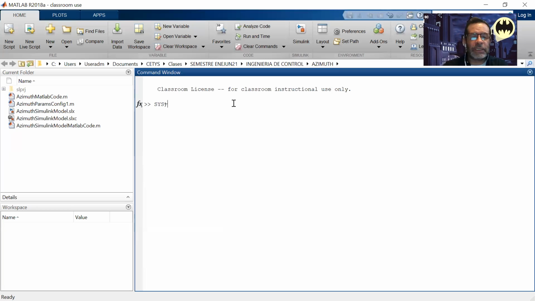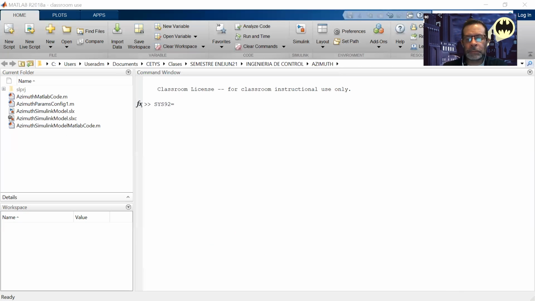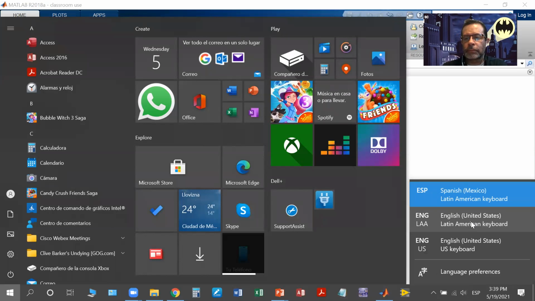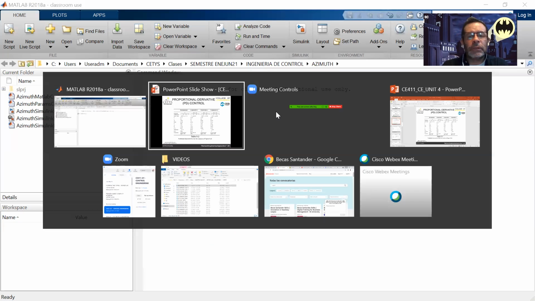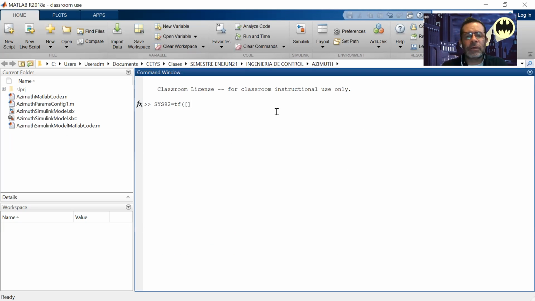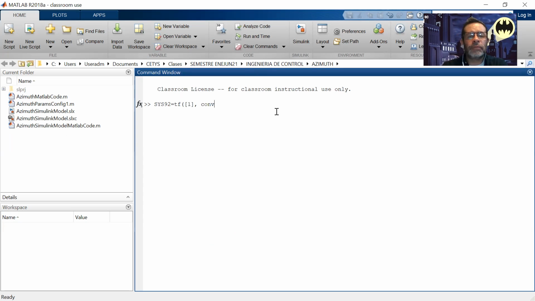sys 92 is equal to the transfer function of, I'm going to do the uncompensated one first. Transfer function of 1, comma, the convolution. To simplify things, since the denominator is the same, I'm going to define a denominator, den sys 92, so I can reuse that.